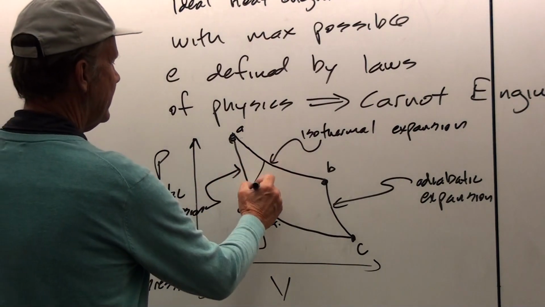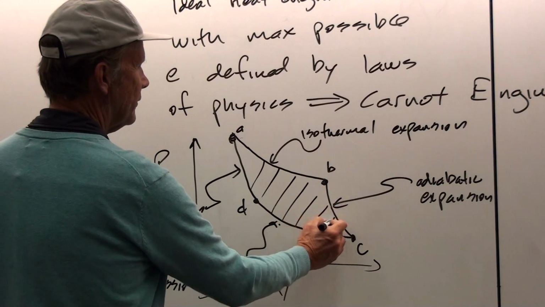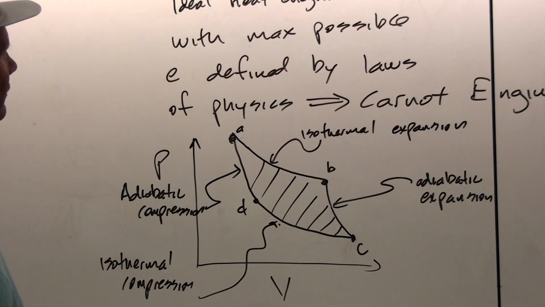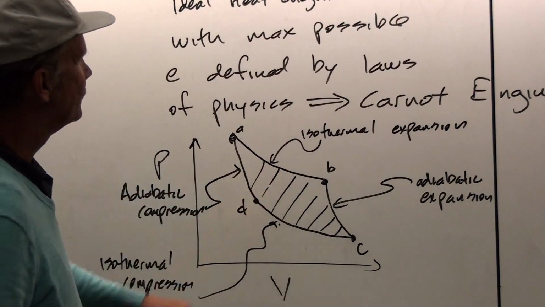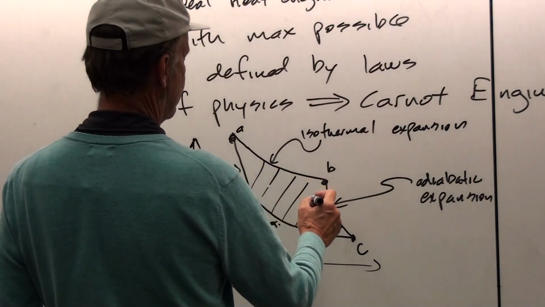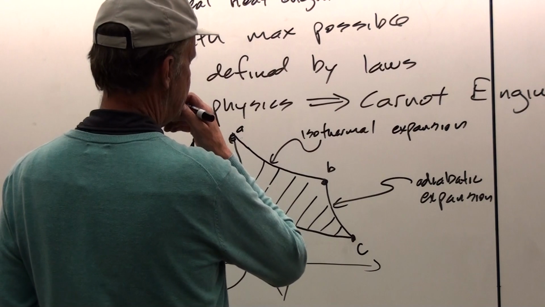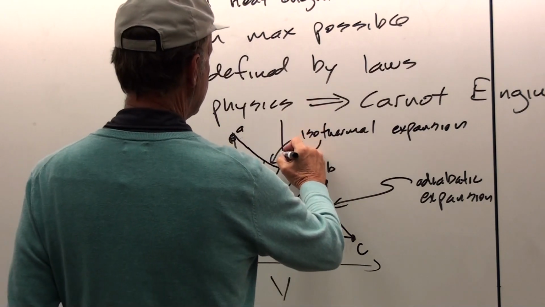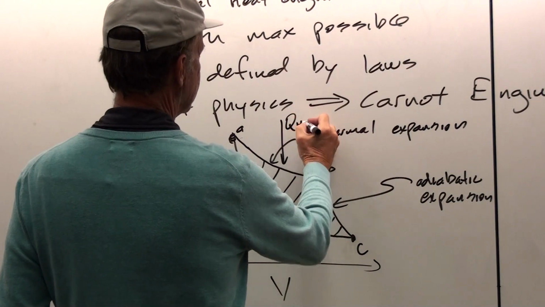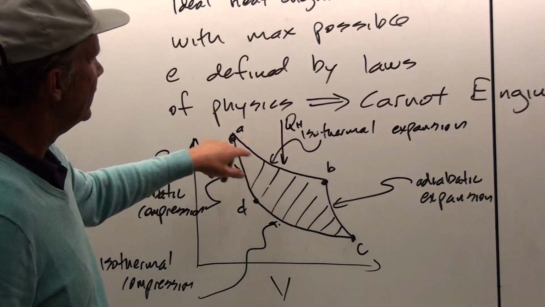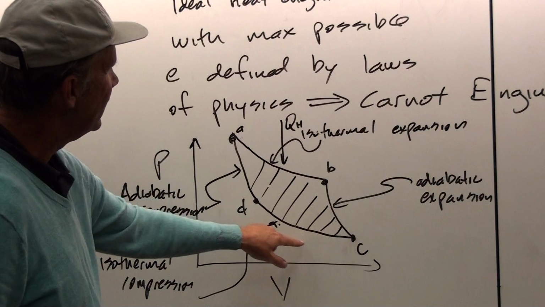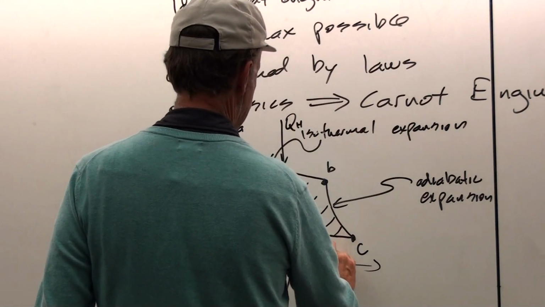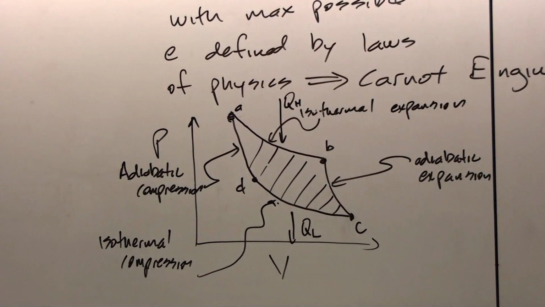And so then the area contained within this curve, swept out by this curve, is the work that's done. Here during the isothermal expansion, heat is absorbed from the external environment in order to keep this object expanding. When it compresses, heat is liberated to the environment.